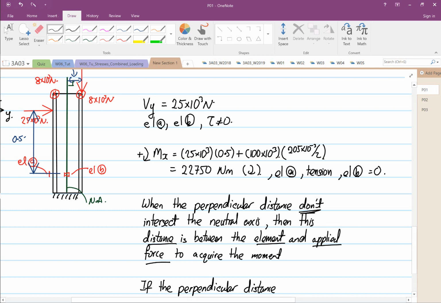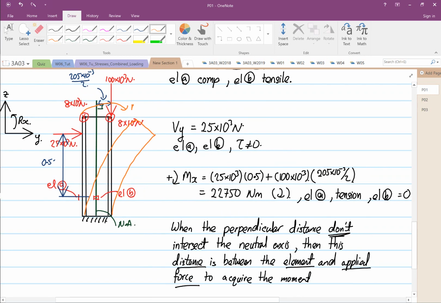So how this structure will deform, it will be doing this. Okay, that's why. So this is the moment about x-axis. Okay, I'll continue in part 2 of the lecture.